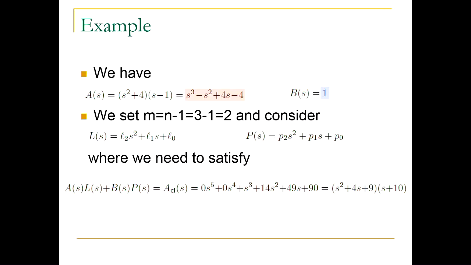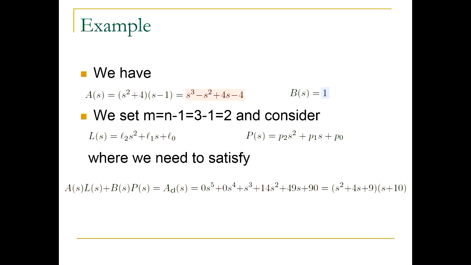Now, note this is a tricky thing. Here we are saying let's enforce the closed loop characteristic polynomial to be still third order, right? So why am I putting zeros here? Well, it's a tricky thing. Note that I'm saying the plant is third order, but that's artificial. The true plant is first order, right?